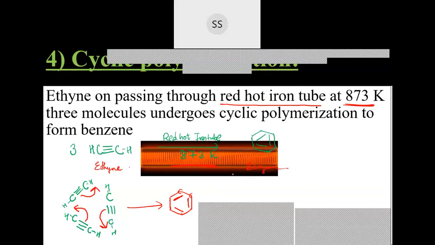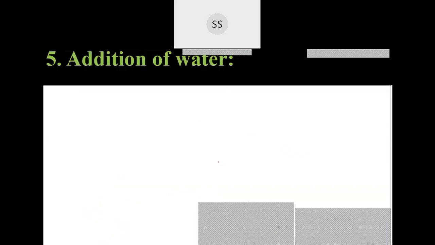Okay, next chemical property we are having. That is addition of water. Okay, addition of water we are going to do for these molecules. So ethyne molecule itself I'm considering. Let me, ethyne you can take, even you can take propyne.